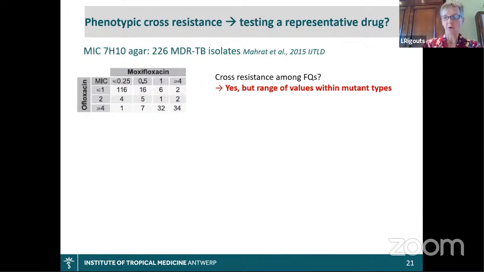We also have the phenomenon of phenotypic cross-resistance. So we could ask ourselves, if we have a class of drugs, can we test just a single drug from this class to have a representative idea about the resistance level? And this is a publication from Farah Marat from 2015. And this clearly shows that there is cross-resistance between moxifloxacin and ofloxacin.